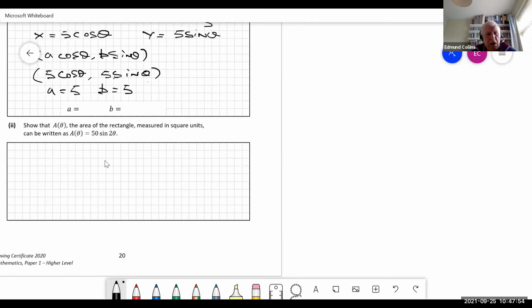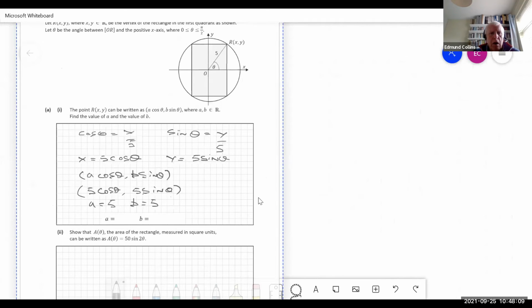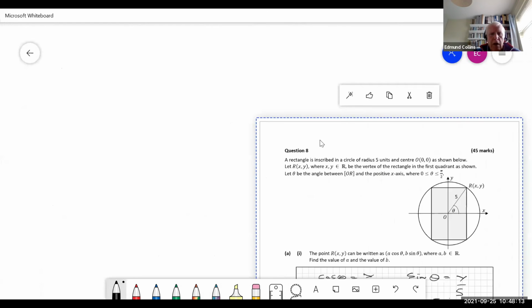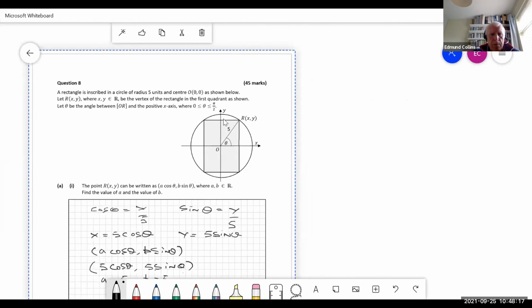Now I like these questions because they give you the answer, so that helps. At least you know whether you're right or not in the end. So looking back at our rectangle here, we've already calculated x here, and we've calculated y.